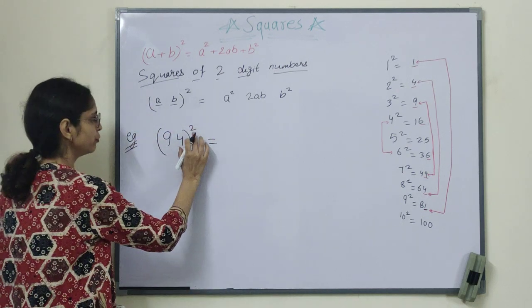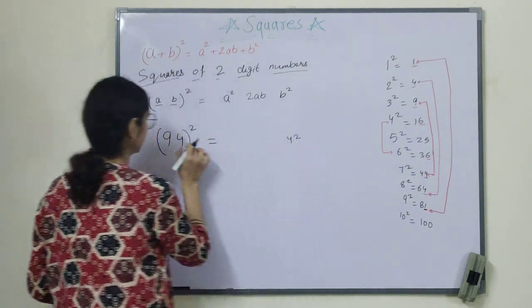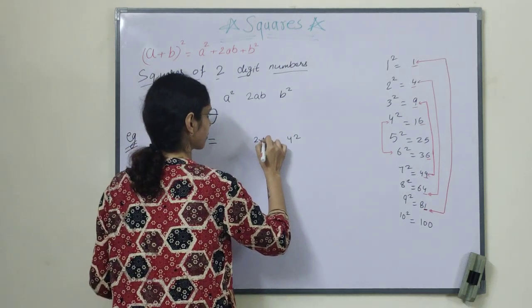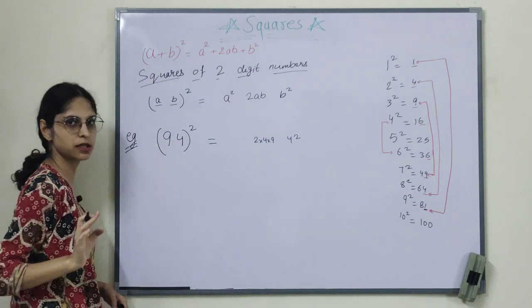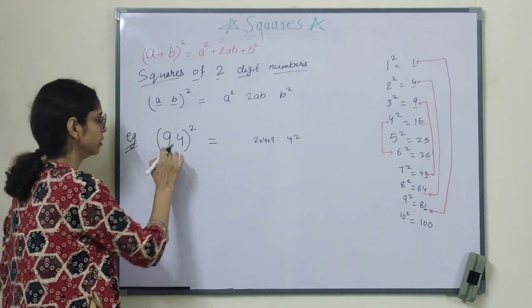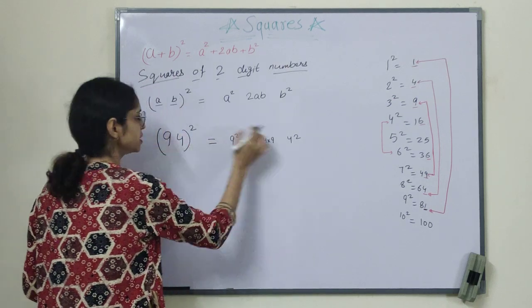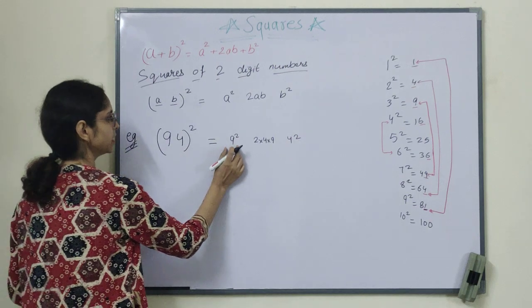So what do we have to do? b square, 4 square, then 2 times 4 times 9. You just have to multiply these three numbers together, 2, 4, 9, and then 9 square.